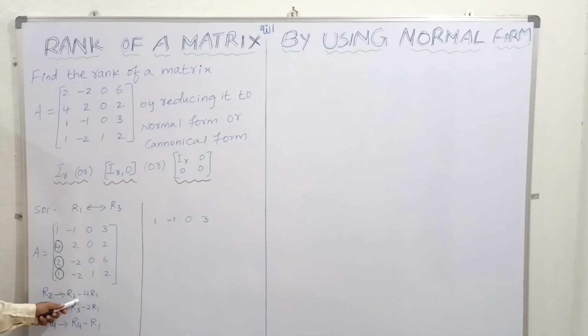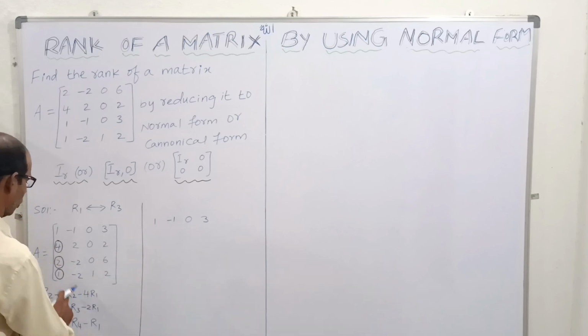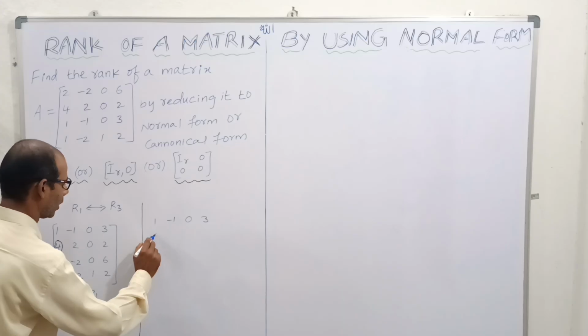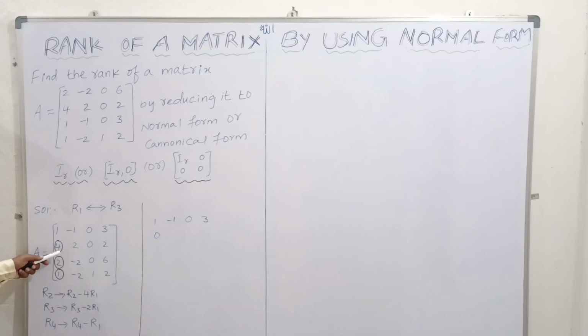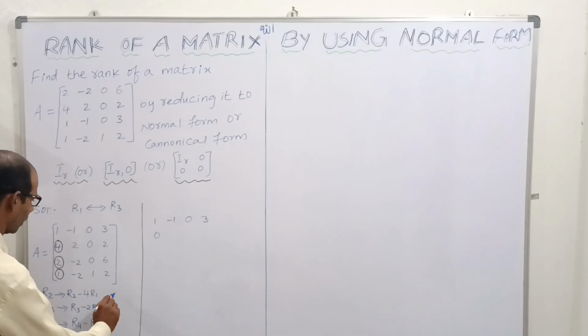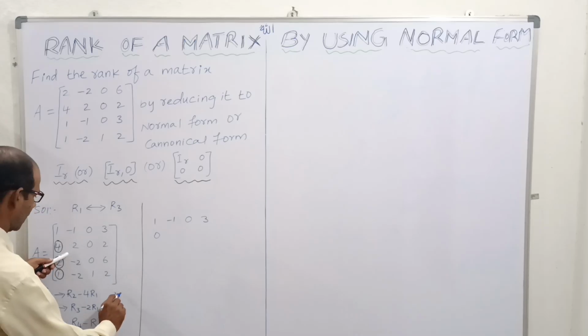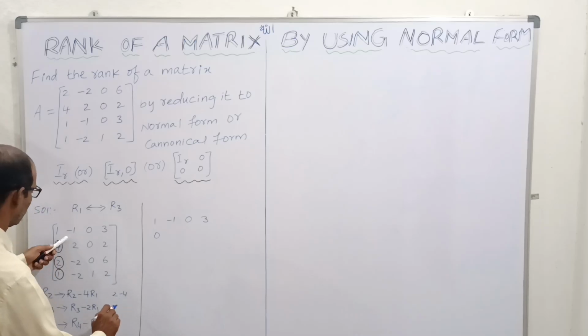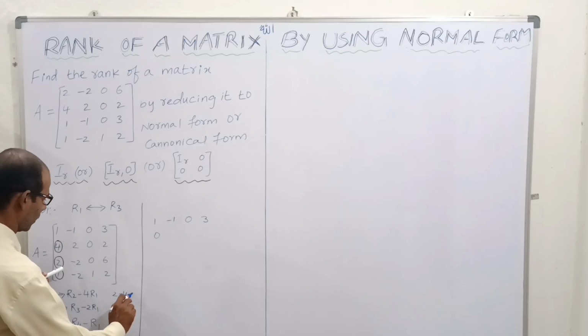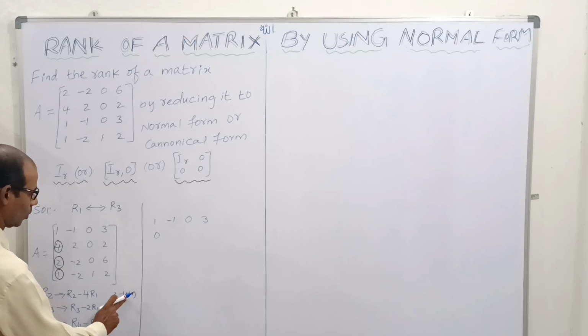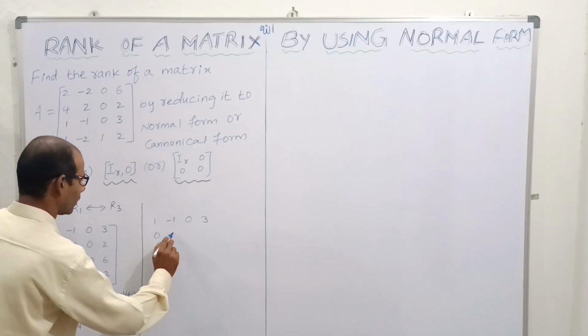R2 is 4 minus 4 into 1, so that is 4 minus 4, it becomes 0. Similarly R2 minus 4 R1: 2 minus 4 into minus 1, so it becomes 2 plus 4, that is 6.